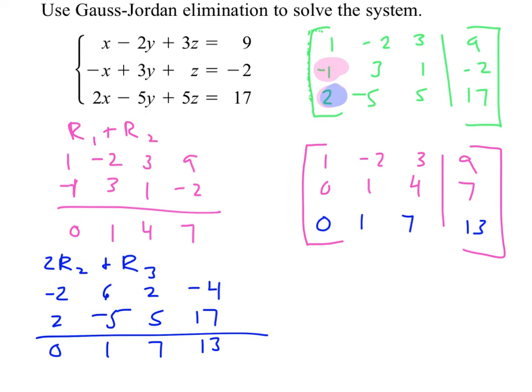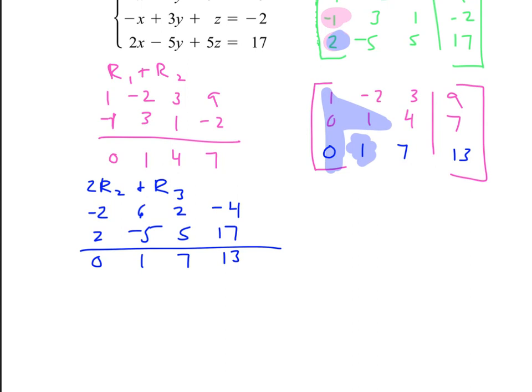So next we have a row of 1s plus 1 here. So we want to get a 0 here in this spot. What can I do to get a 0 in that third row, second column? Can I multiply something by the second row and combine it with the third?